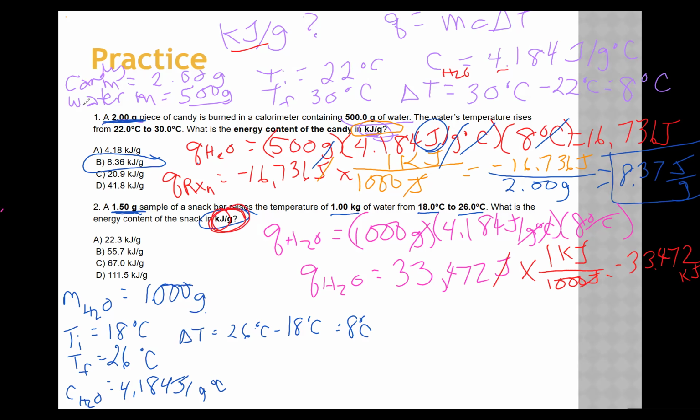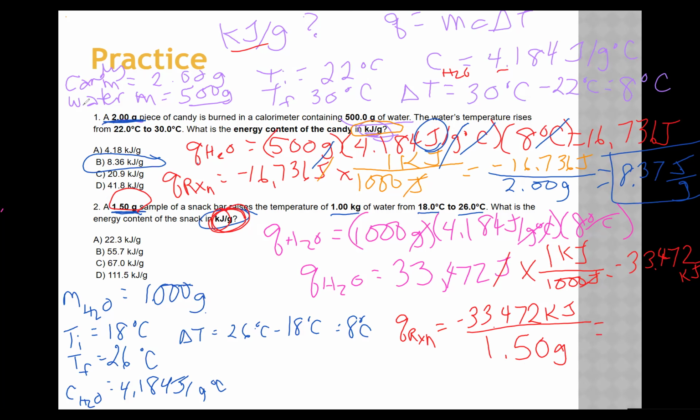Now, I'm not finished because I want to know in kilojoules per gram. And this is just the water. So I need to take my heat of reaction, which is the negative of the water value, so negative 33.472 kilojoules, and I divide that by the amount of grams I have, which is 1.50 grams.